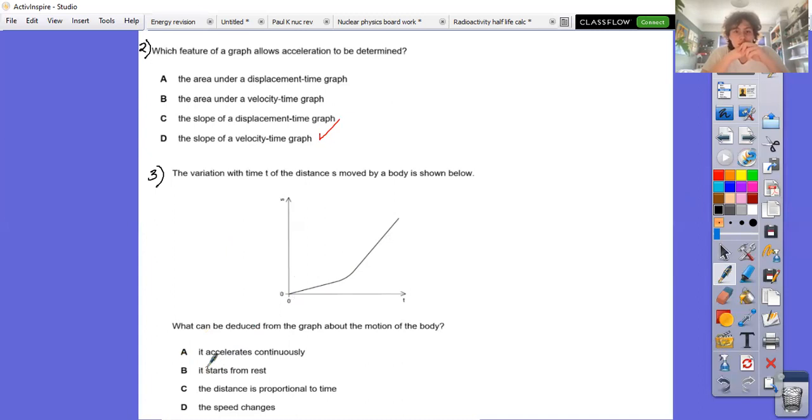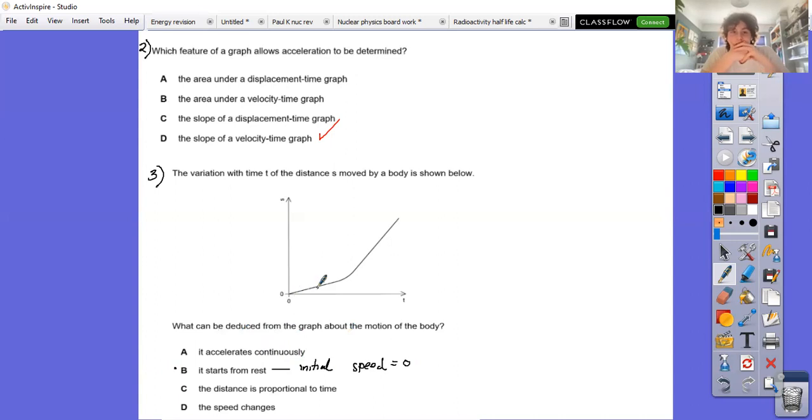So here, when you say it starts from rest, is it possible to say that if we really think about it? If something starts from rest, its initial speed is what? 0. Correct. What is the initial speed represented here?